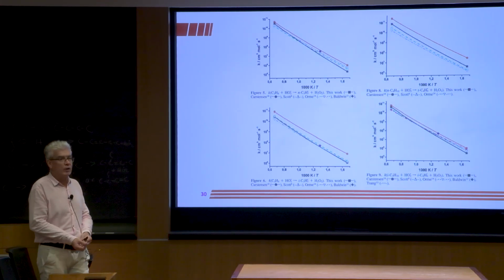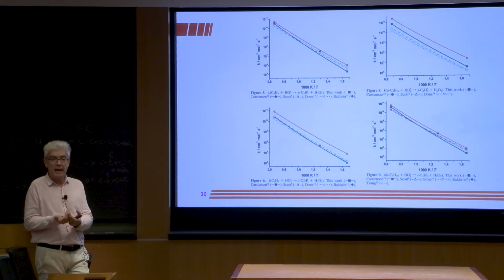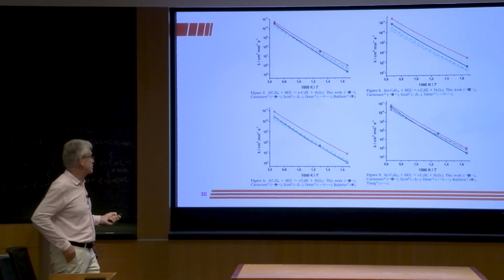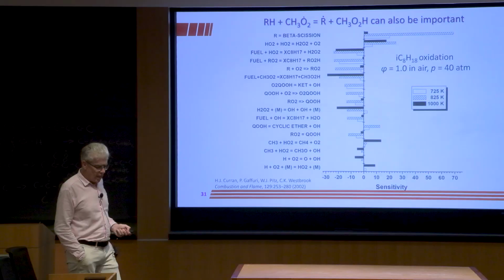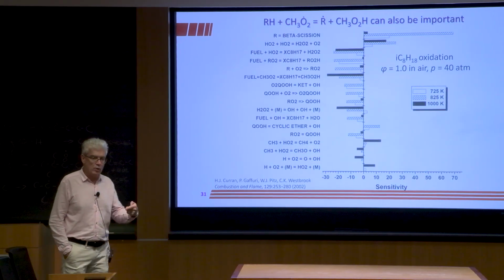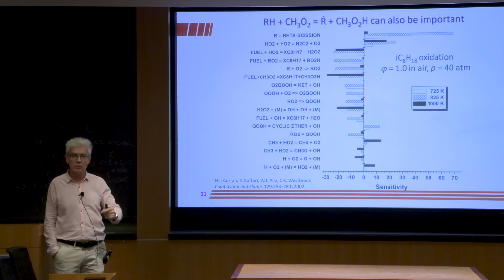So if you're going to look for good rate constants, look in the literature to see whether people have done calculations on fuel plus HO2 chemistry and calculated rate constants for those. I've been focusing on HO2 because HO2 comes directly from RO2, that reaction RO2 gives olefin plus HO2.